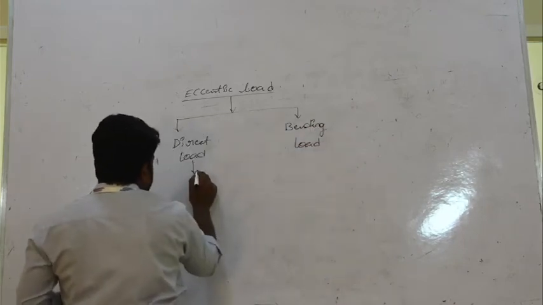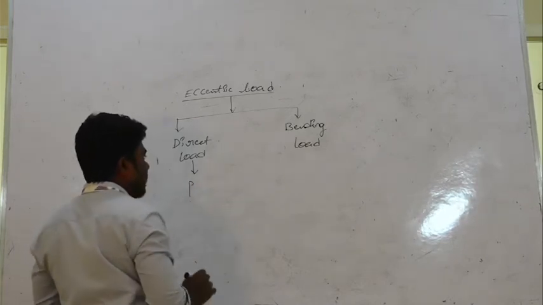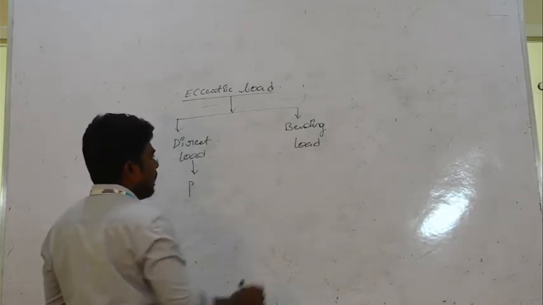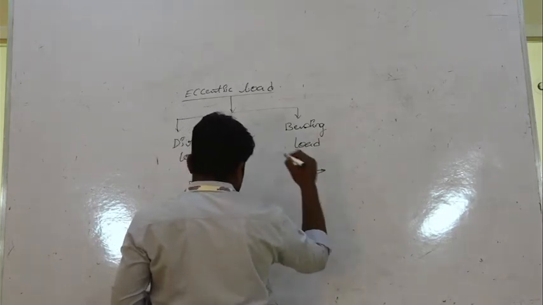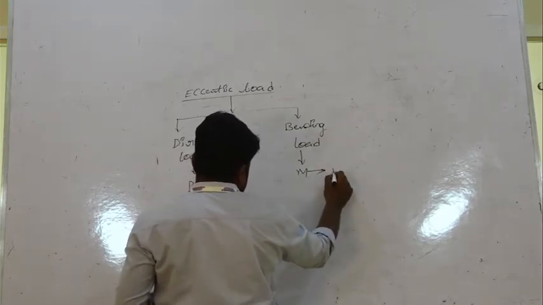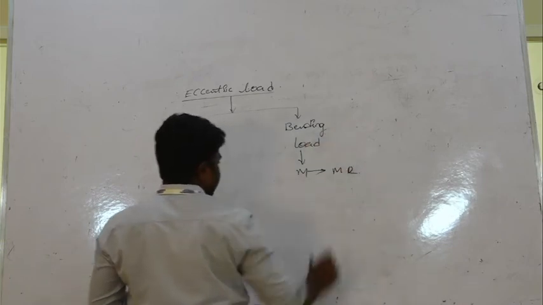Direct load is represented by P. Bending load is indicated by M. M means moment of resistance.